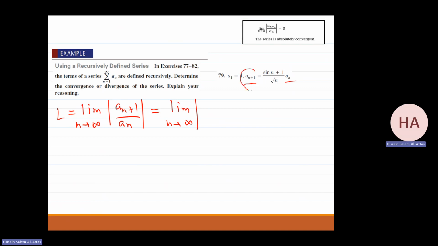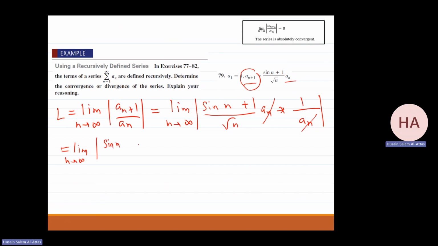Now, this is my a_(n+1), so it will be sine n plus 1 over square root of n, times a_n, times 1 over a_n, so these things cancelled. So I need to check this limit: the limit as n goes to infinity of the absolute value of sine n plus 1 over square root of n.